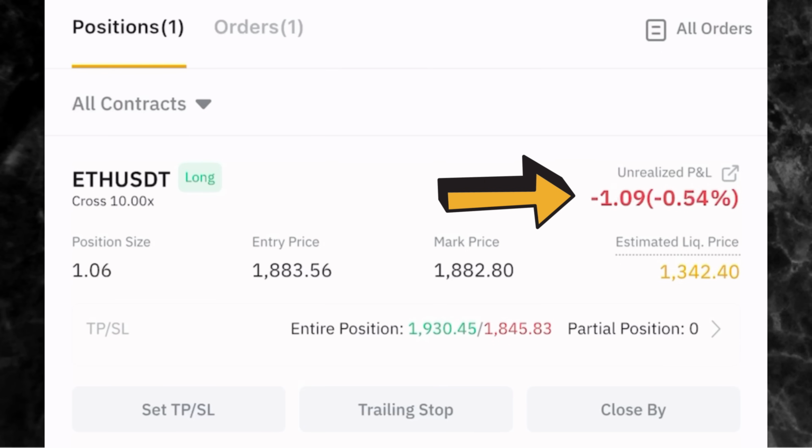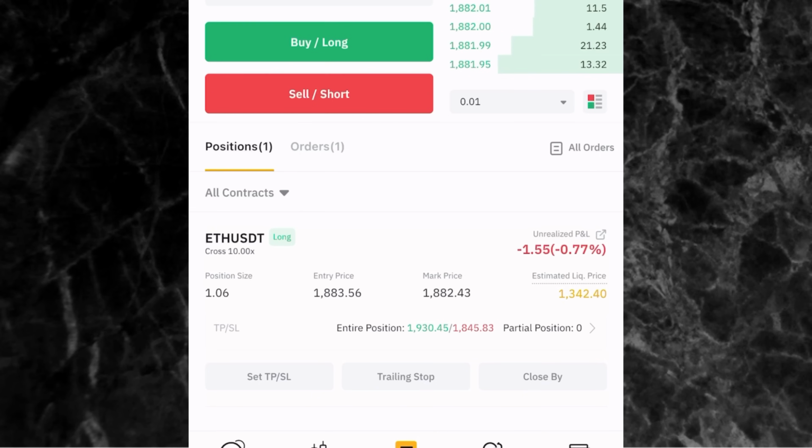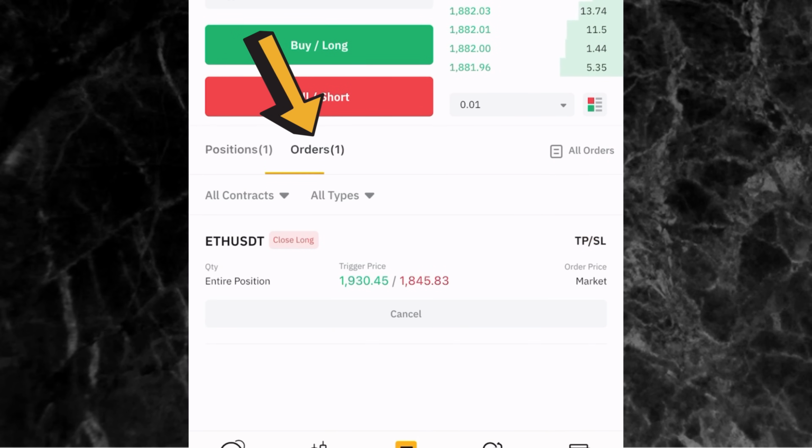And where you have unrealized P&L at the top, that's where you can see your profit or loss. So this trade is currently in a loss of 0.64%. So this is the information you need to take note of. And if you go under order right here, this is where you see your take profit and stop loss. So you can see this is my take profit with the one in green, and the one in red is my stop loss.